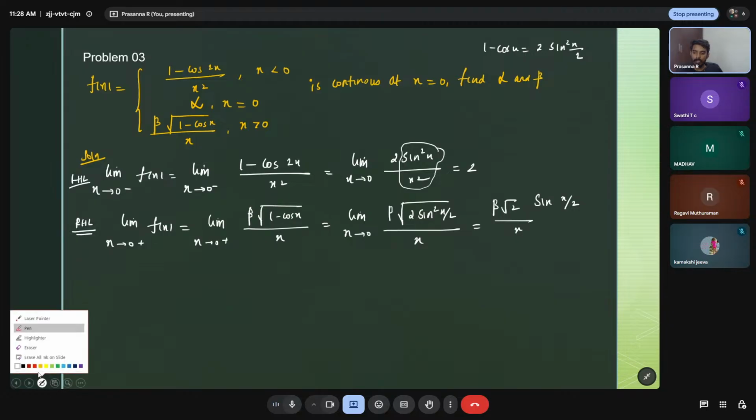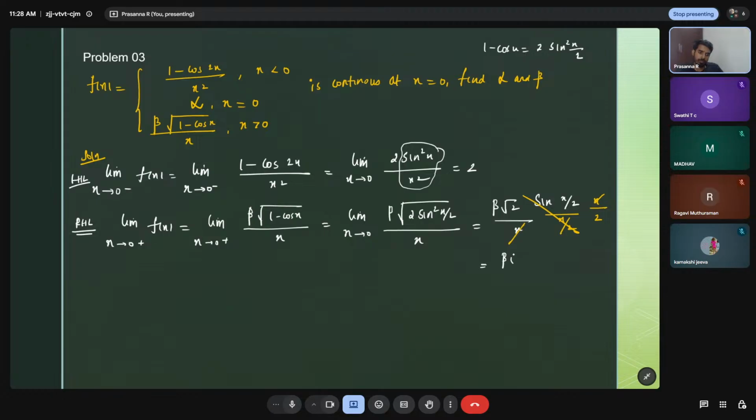Now you multiply and divide by x by 2. So this will become 1. This x will get cancelled. So beta root 2 by 2 is your RHL, and the function value at 0 is alpha.